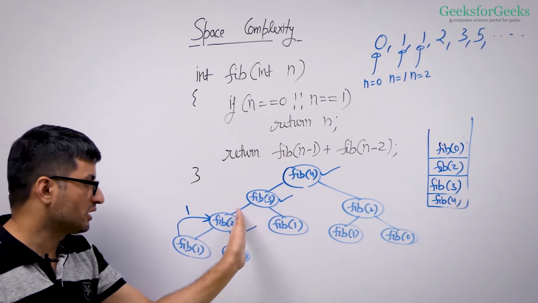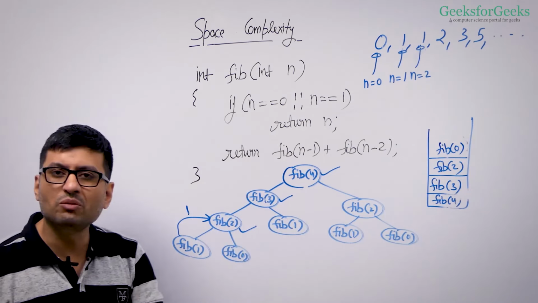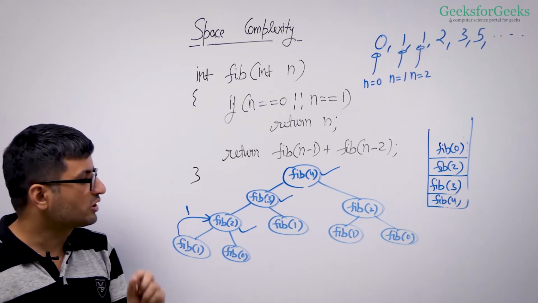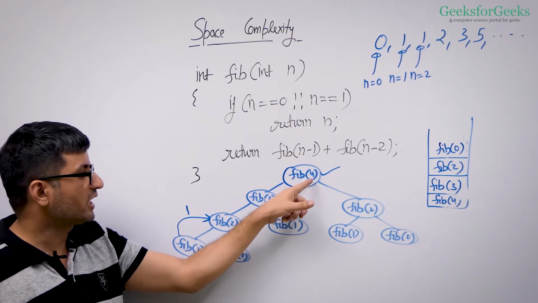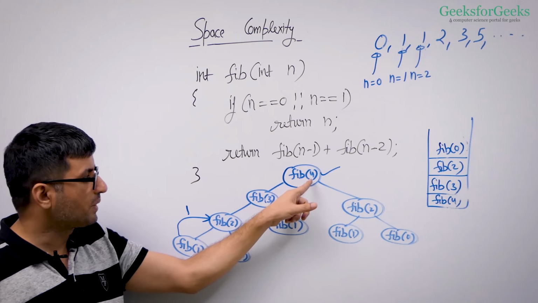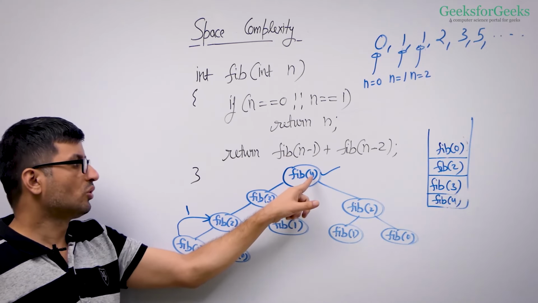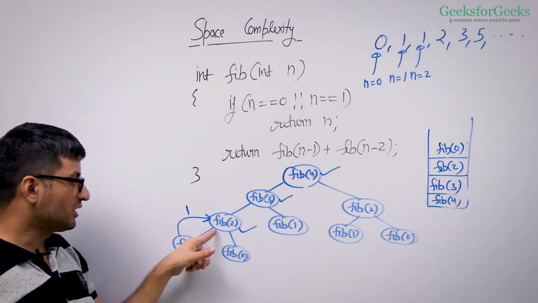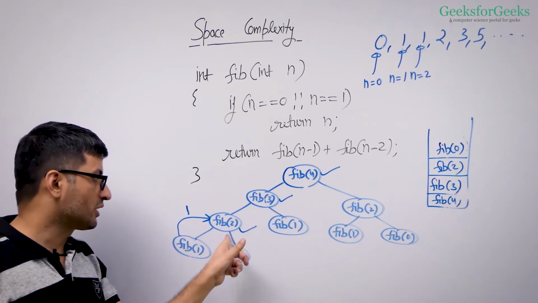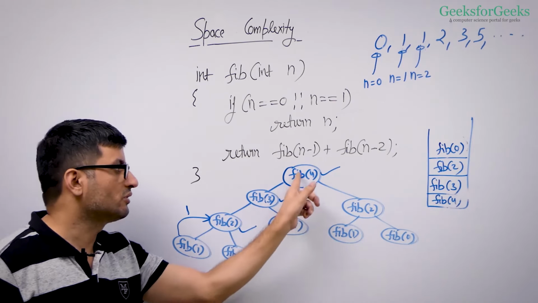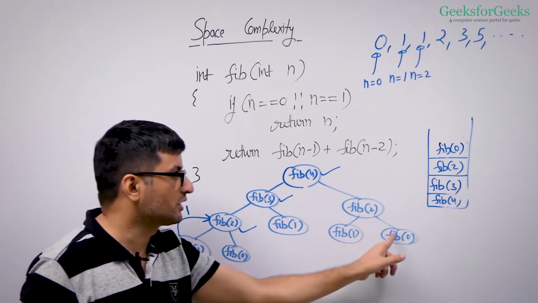Now this path is there in the recursion call stack. So at any moment, the number of function calls you have in the recursion call stack is paths from root to leaves. So one moment you have these many function calls, then you have these many, then these many, and then these many.